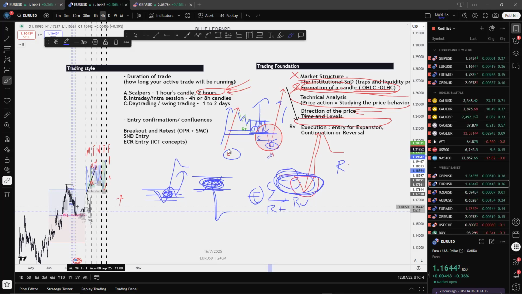So what we look for is expansion. And what happens before an expansion? Manipulation is the only guide that we need to study. We study when the manipulation happens, and when the manipulation breaks the structure opposite to the candle that created the consolidation, then we look for buys here. And if it was a sell, it will be in the other direction.